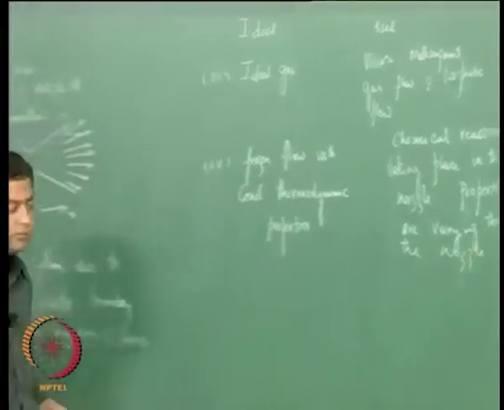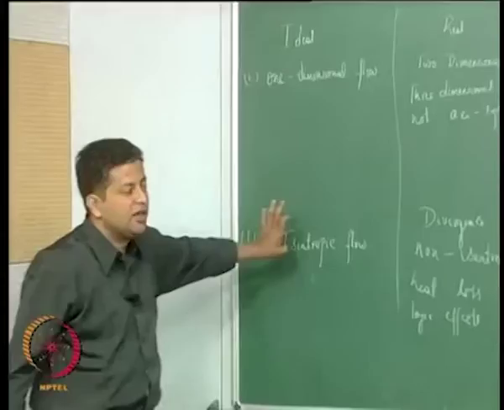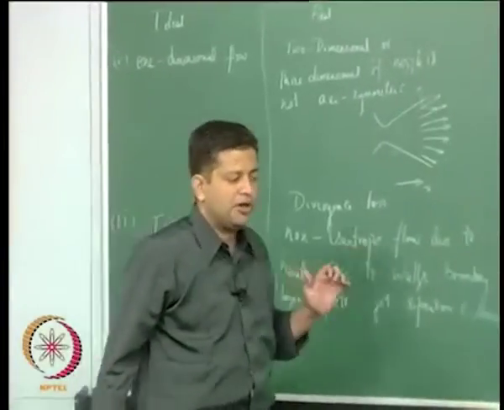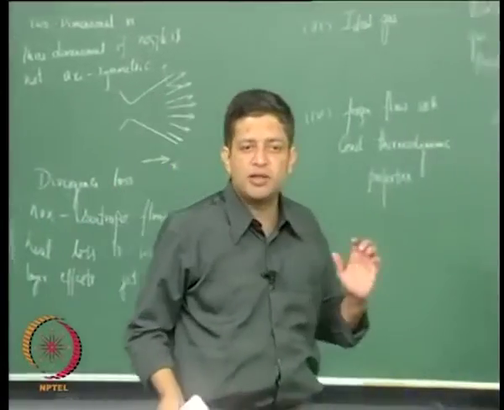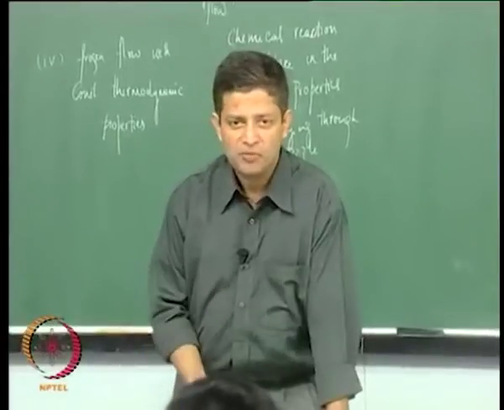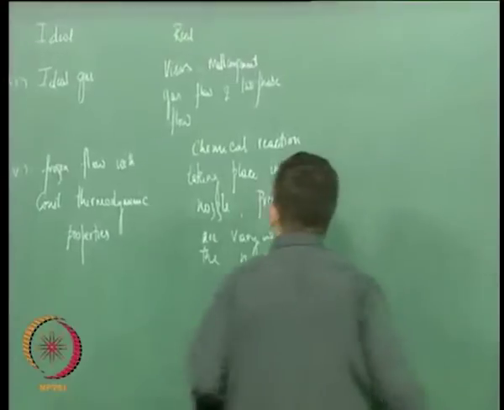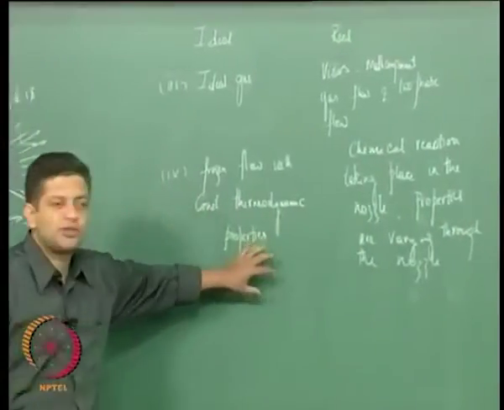If you look at all the four of them, the first three of them are going to reduce the specific impulse that we had calculated with our one-dimensional flow. The last one is going to, in a sense, contribute positively.